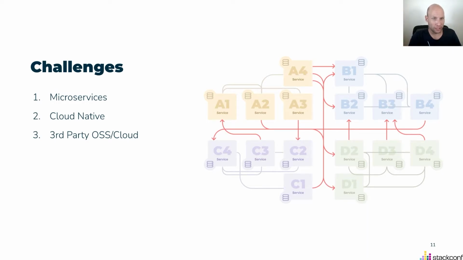The Docker, container runtime, and Kubernetes are also in need of monitoring. And thirdly, the large and dynamic ecosystem of third-party platforms we use in our system, whether open source or cloud services, that we need to monitor as well.